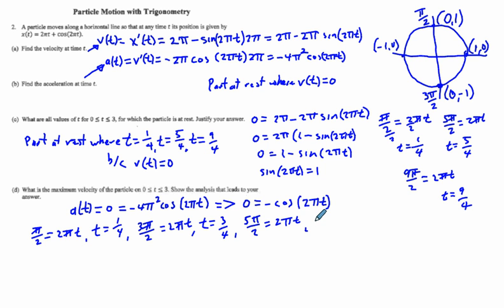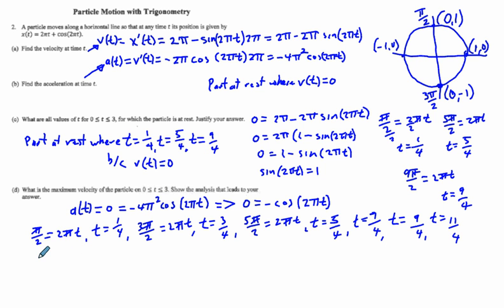For that we get t is equal to 5/4. So basically we're adding, the next one is going to be t equals 7/4, and then adding another half, we get t equals 9/4, and then t is equal to 11/4. So those are going to be all of our critical numbers.